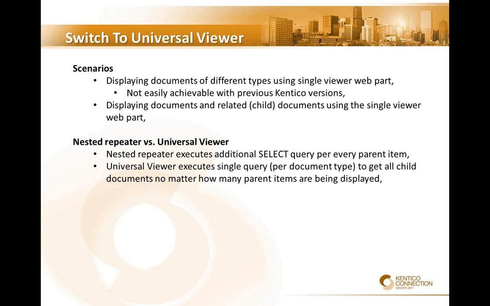With the new Universal Viewer, it's something that is natively supported, and it works just great. And the best part is that you can define different transformations to be used for a certain document type on different levels of the content hierarchy.